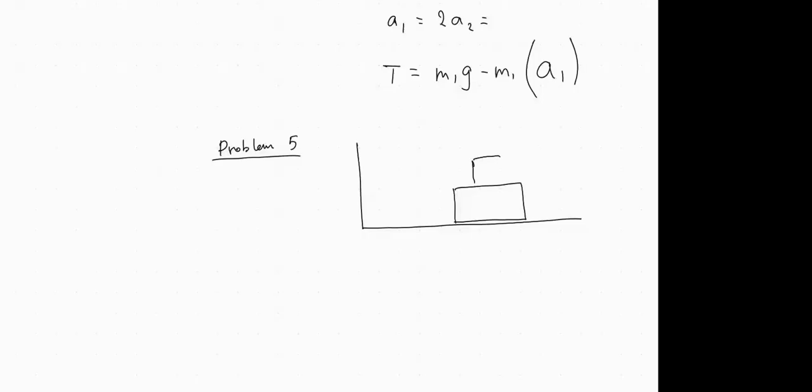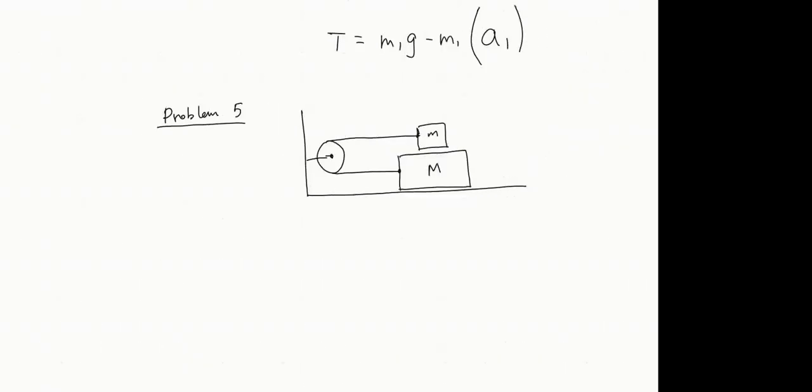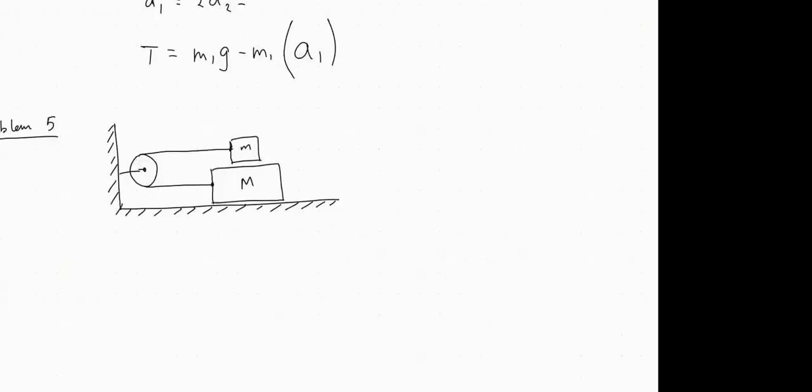So you have two masses, one on top of the other, small m, big M. They're connected to a pulley. The floor is smooth.